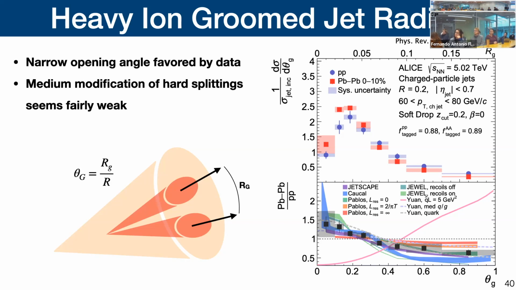One of the things we noticed when studying these observables is that in proton-proton collisions, some of the models were unable to predict what we measured exactly. This was a bit surprising because I told you this is a more pQCD-like observable.